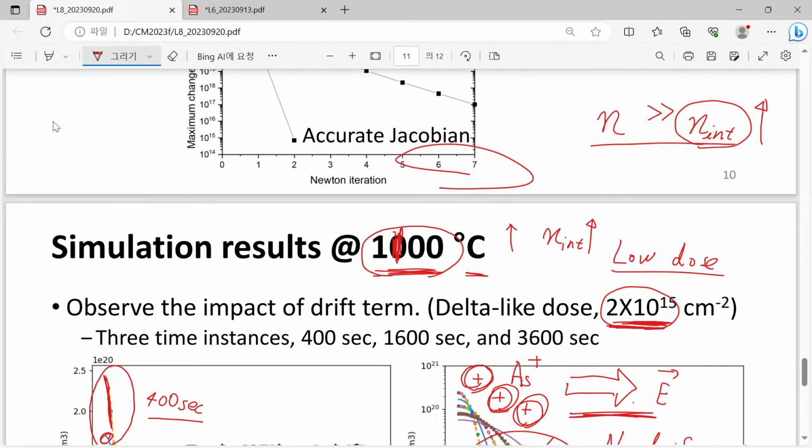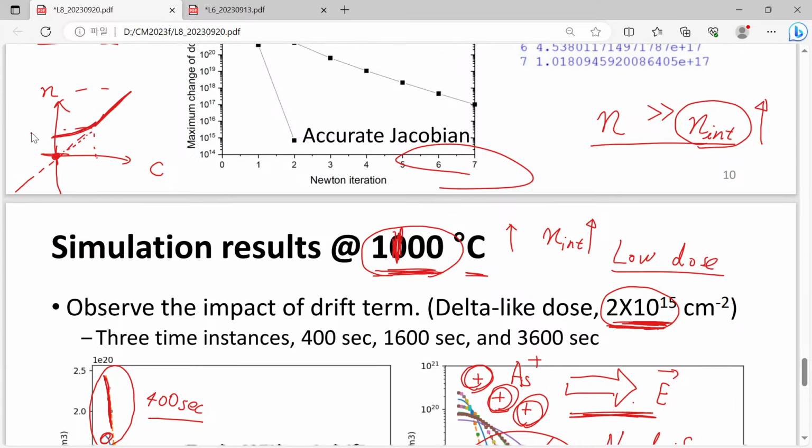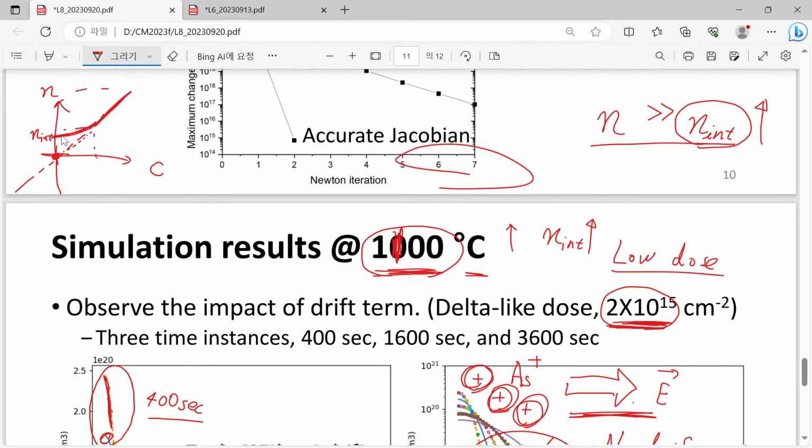Then what happens is, if we draw C and N as a function of C, then if we have sufficiently high density, N just follows C. It's okay. However, if we go to low C value, then it does not just cross the origin. It is saturated, and its minimum value is just n intrinsic.